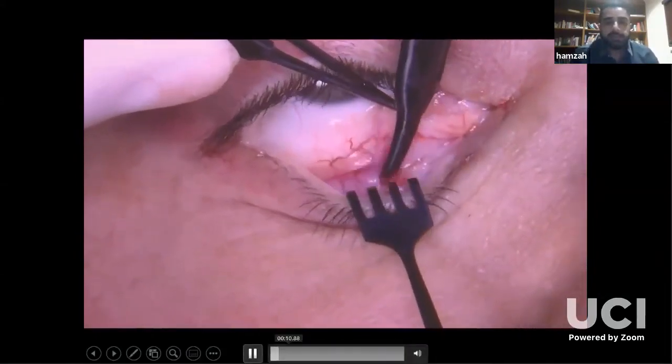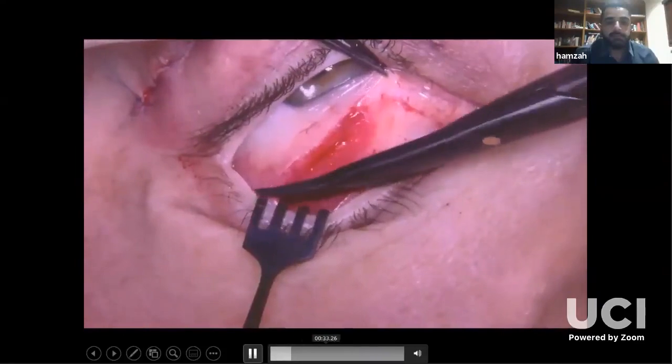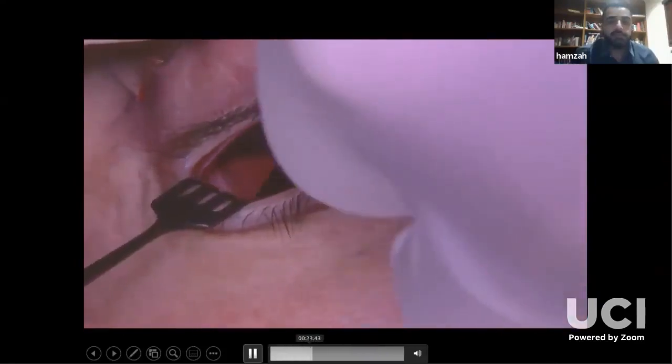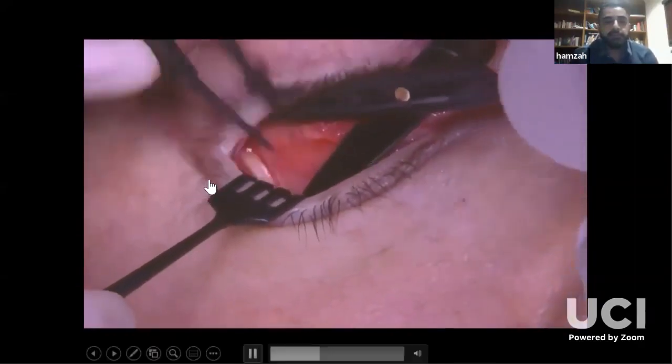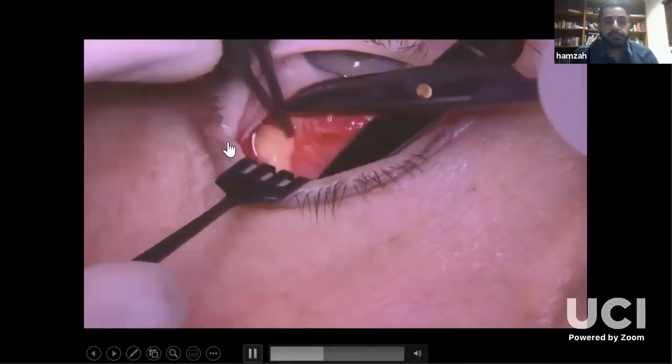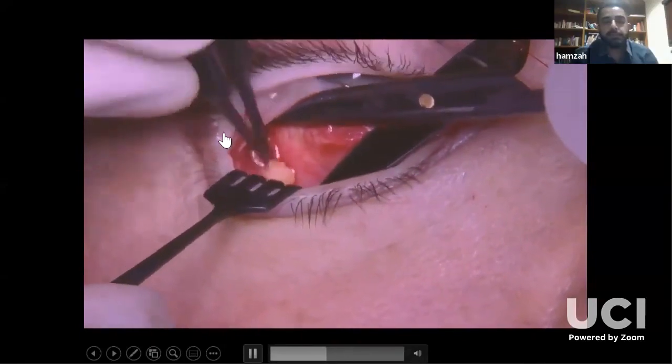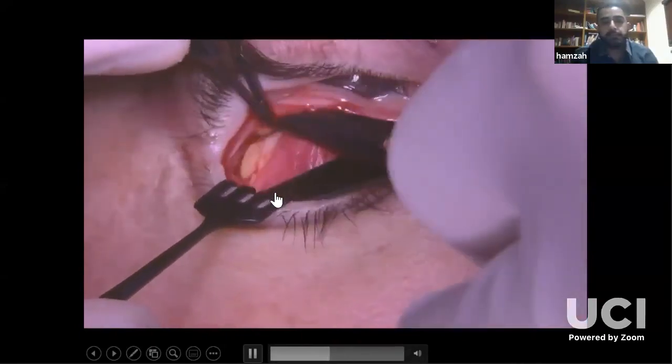Similarly, looking at access to the lateral fat pocket, so conjunctival incision out laterally. This is advanced just past the orbital rim, and you can see just past at the level of the insertion of the canthal tendon and deep to that.